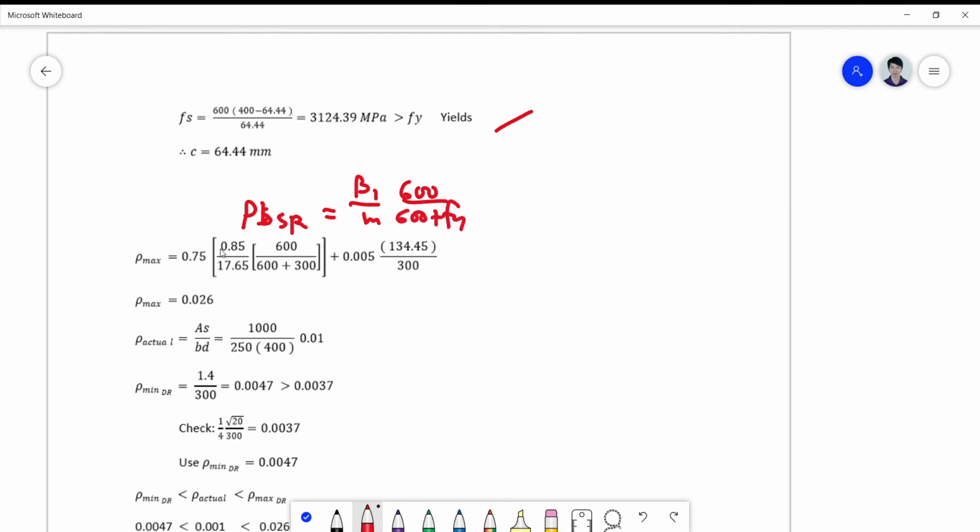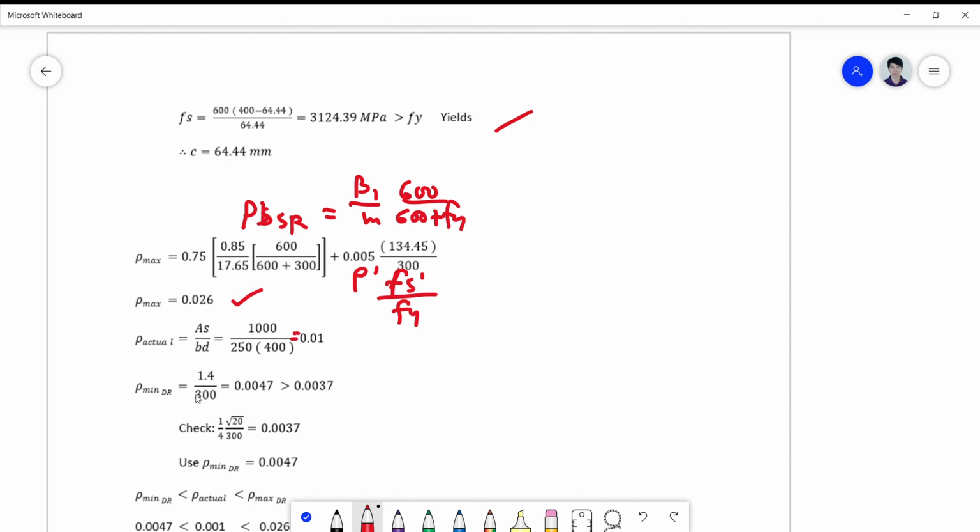So this is the one: 0.85 beta 1 f'c over fy times 600 over 600 plus fy, plus rho prime fs prime over fy. This is now 134.35 as computed. This is 0.026. And the actual As over bd is 1000 over 250 times 400, you get 0.01.